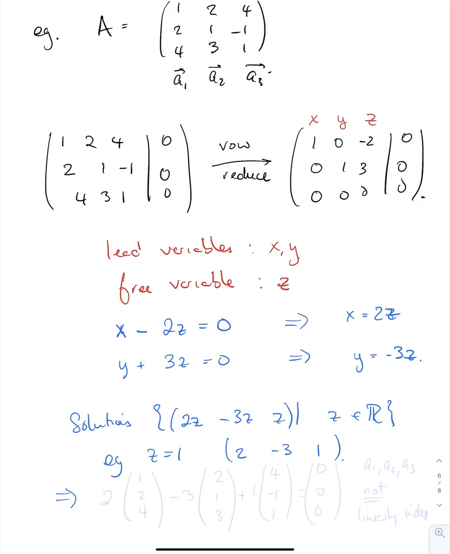And that means that 2 times the first column minus 3 times the second column plus 1 times the third column is equal to the zero vector. Altogether, that means that A_1, A_2, and A_3 are not linearly independent.